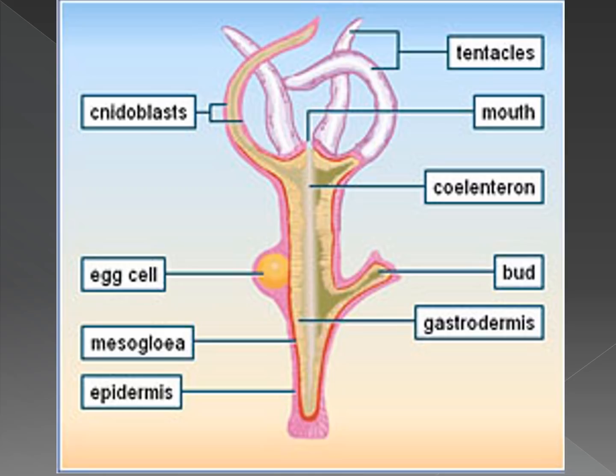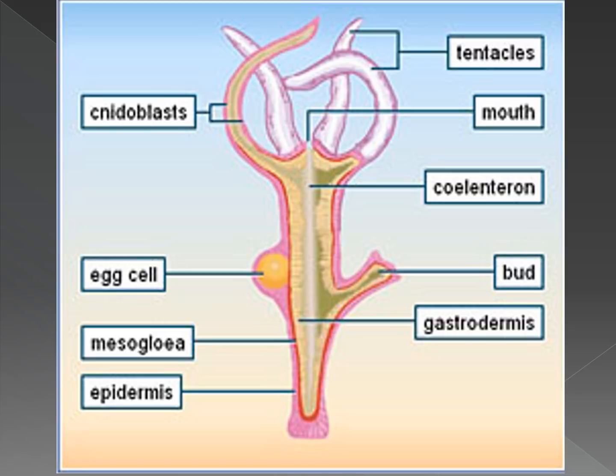Tentacles are the structures which you see at the top, which are labeled as tentacles. The tentacles contain cnidoblasts. Now the cnidoblast is basically used by the animal either to capture the prey, that is to kill the prey, or to inject toxin into the body.